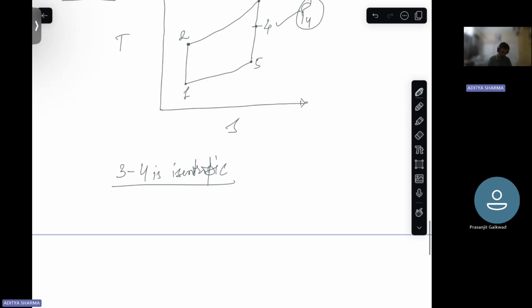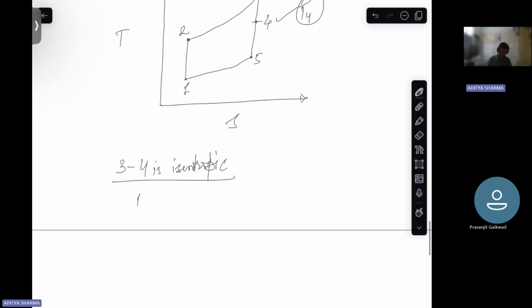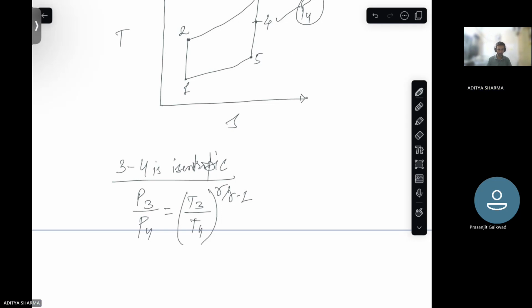So isentropic condition we can apply here for pressure and temperature. The temperature and pressure can be related this way if the process is isentropic. But here, what do we know? Do we know P3? We don't know P3. We need to find out P4. And T3 is given to us. But is T4 given to us somewhere?